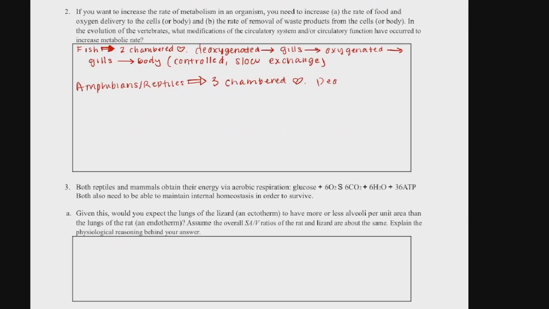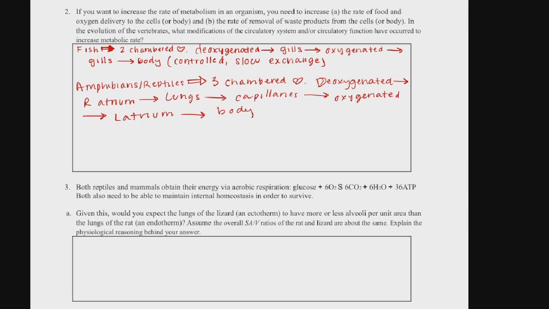And this flow is deoxygenated blood to right atrium, to lungs, and then capillaries where exchange occurs, to oxygenated blood, left atrium, body.